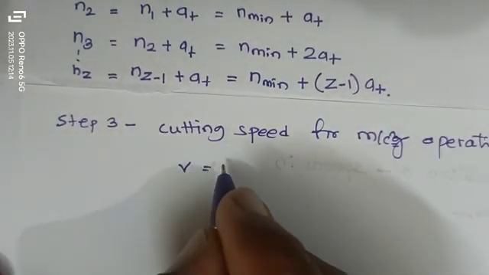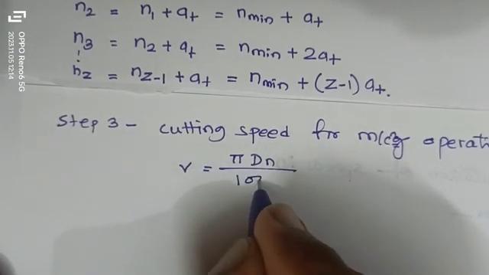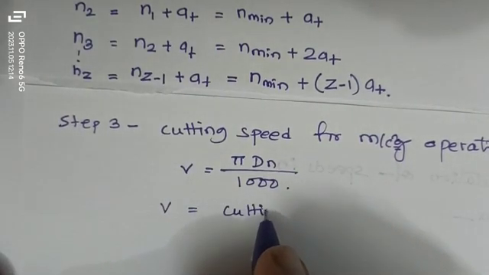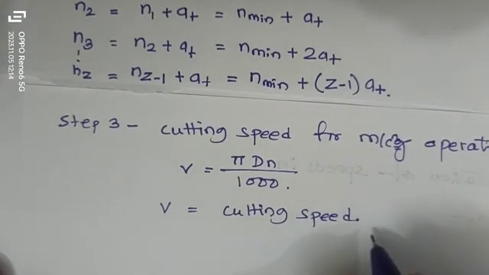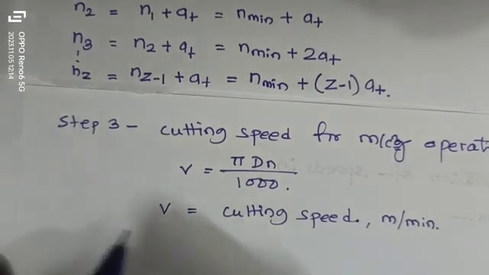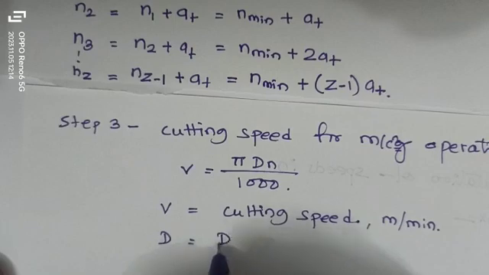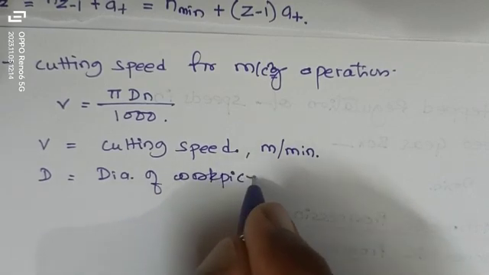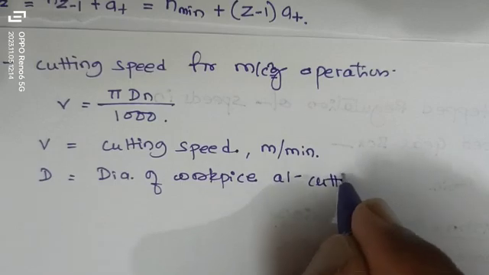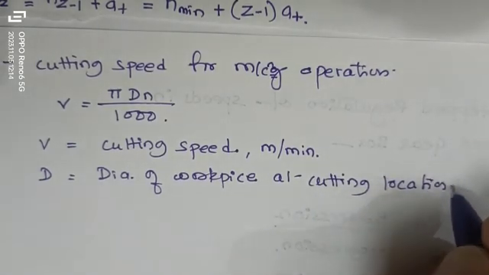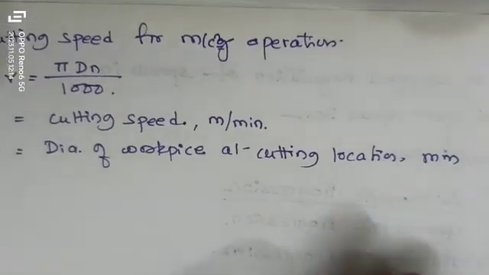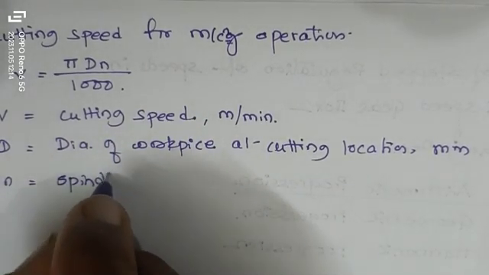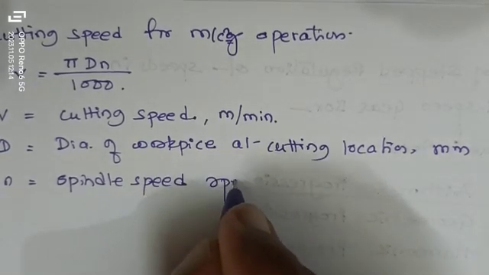That is, velocity V equals pi D N divided by 1000, where V is the cutting speed in meters per minute, D is the diameter of the workpiece at the cutting location, in mm, and N, as we know, is the spindle speed in RPM.